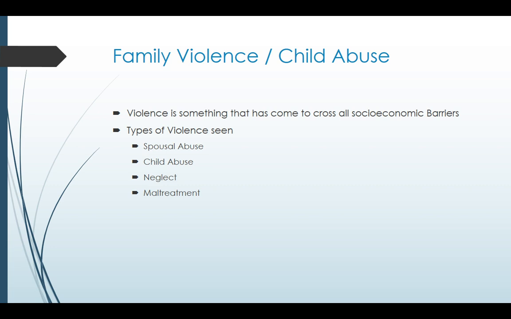Child abuse may show up as emotional abuse, emotional neglect, sexual abuse, or physical neglect. Sometimes it can come up with damage to the musculoskeletal system, and that's why we have it listed here.